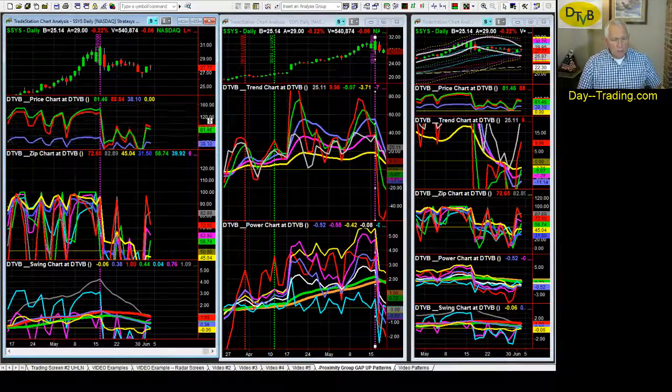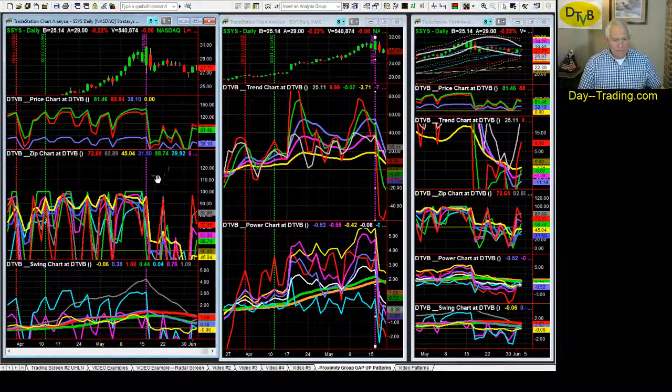Now, that being said, back to this last day, Zip Pink, instead of staying high with Zip Green at 100, it dropped. And so that in itself is telling you that that's not normal. Why did green stay at 100 and pink dropped?